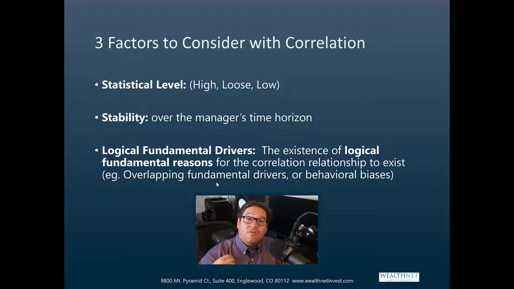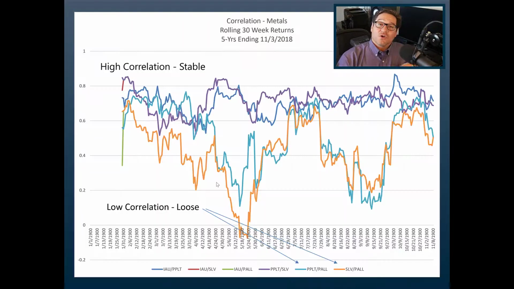So we have more confidence if we have strong logical fundamental drivers and we have statistically high stability in a relationship. Basically what we're looking for with correlation is overlapping fundamental drivers. When you're constructing a portfolio, you want to know to what degree there are overlapping fundamental drivers, because if there's a lot of overlap, then that is more risk. If there's less, that's less risk.